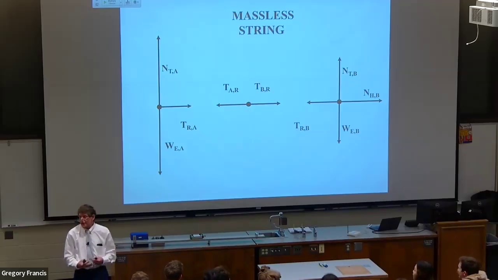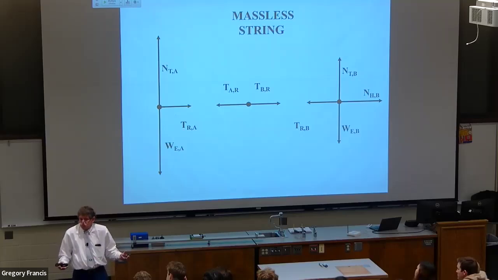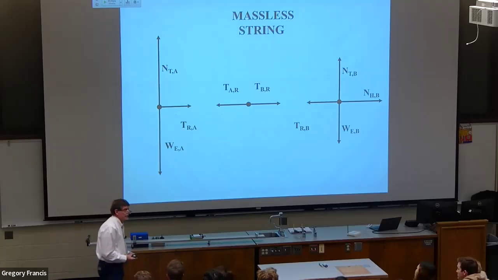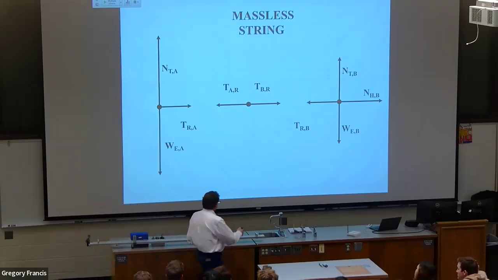Now, nearly every textbook that I know of for this class always assumes a massless string in every problem. And they just assume that we recognize that a massless string would only have one tension, that the pull on one side of a massless string has to be the same as the pull on the other side.